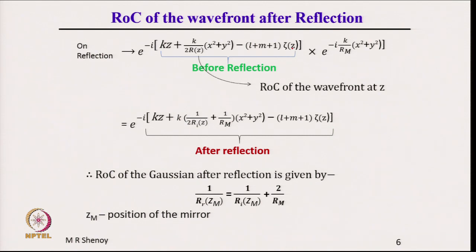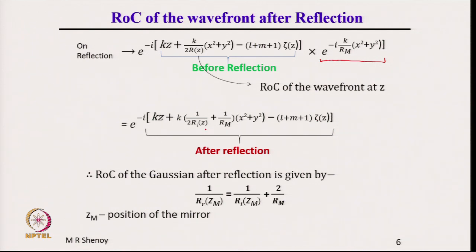Because of the phase change at the mirror, it will be multiplied by this term, e to the power of i k by Rm, Rm is the radius of curvature of the mirror, into x square plus y square. So, if we take it together, then we can write it in this fashion. So, after reflection, the total phase phi will be given by this.